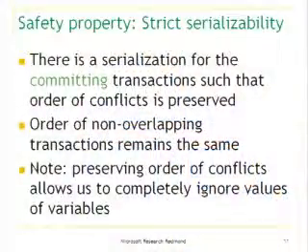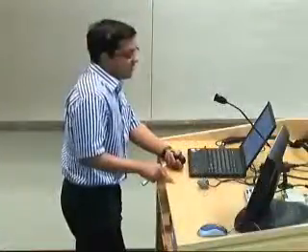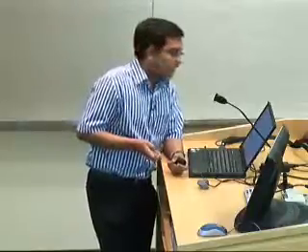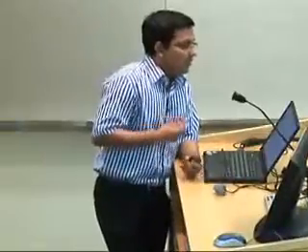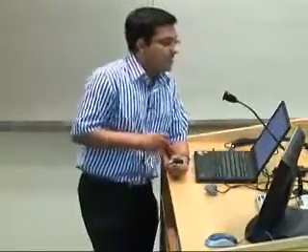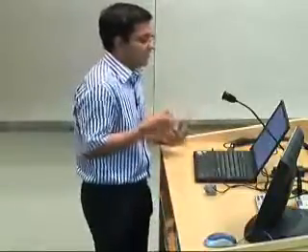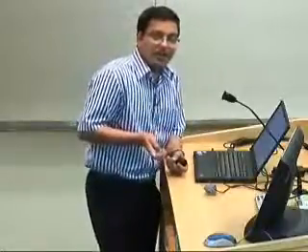So one safety property which comes naturally, and is there even in database systems, is strict serializability. It is a property that should hold only for the committing transactions, and it says that there is a serialization for the committing transactions such that the order of conflicts is preserved. That is, you take any word and you should be able to get a serial word, that is, no two transactions are interleaved with each other, and the order of conflicts in this new word should be the same as in the earlier word.